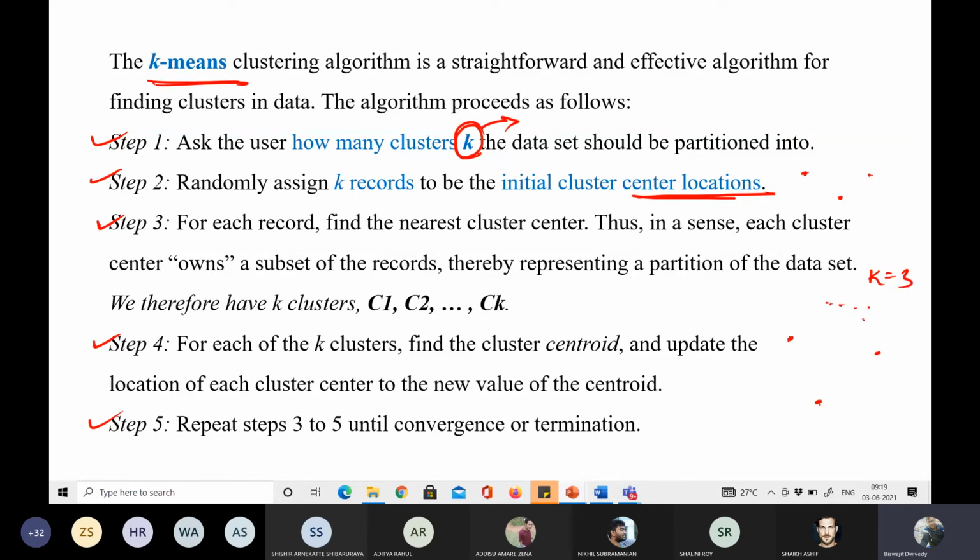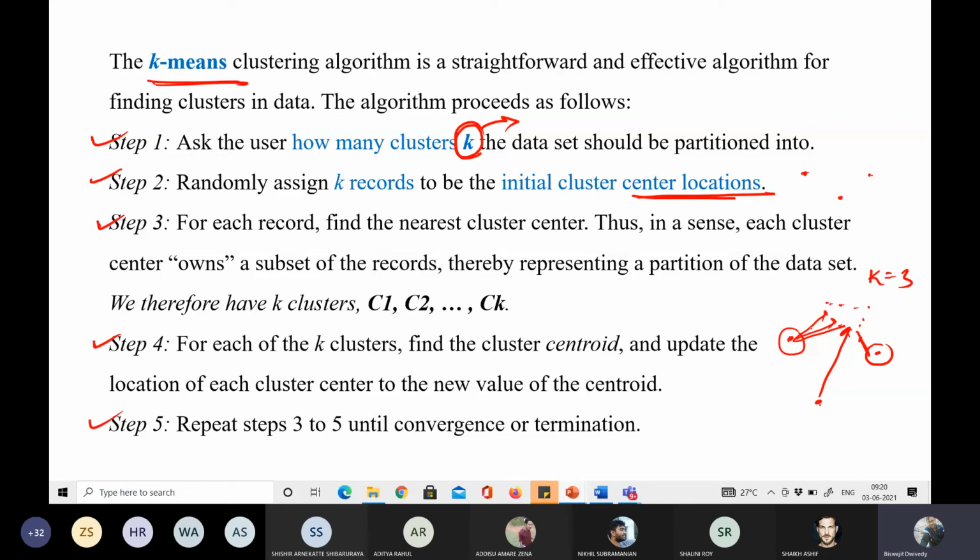Then suppose this is the initial set of data. Based upon these 3 cluster centers, I'll be trying to find out the distance between these points. And based upon this distance, I'll be partitioning this dataset into 3 clusters.